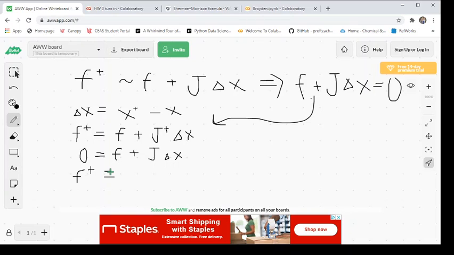Those cancel out. We have our new Jacobian minus our previous, which gives us the change in the Jacobian times delta x. Alright. Now we have a relation between our new function, f plus, and the change in the Jacobian, but this will not give us the answer because the Jacobian has too many unknowns, so we need another statement.